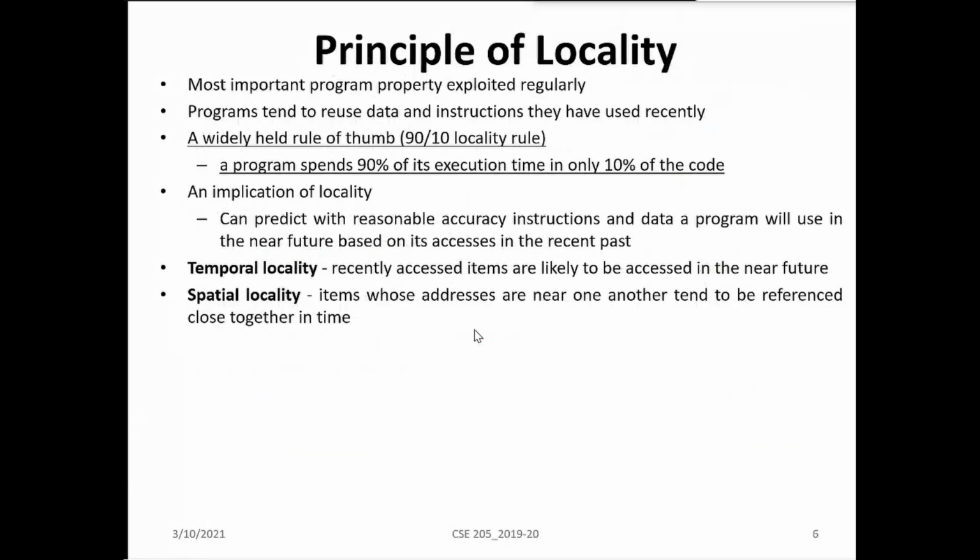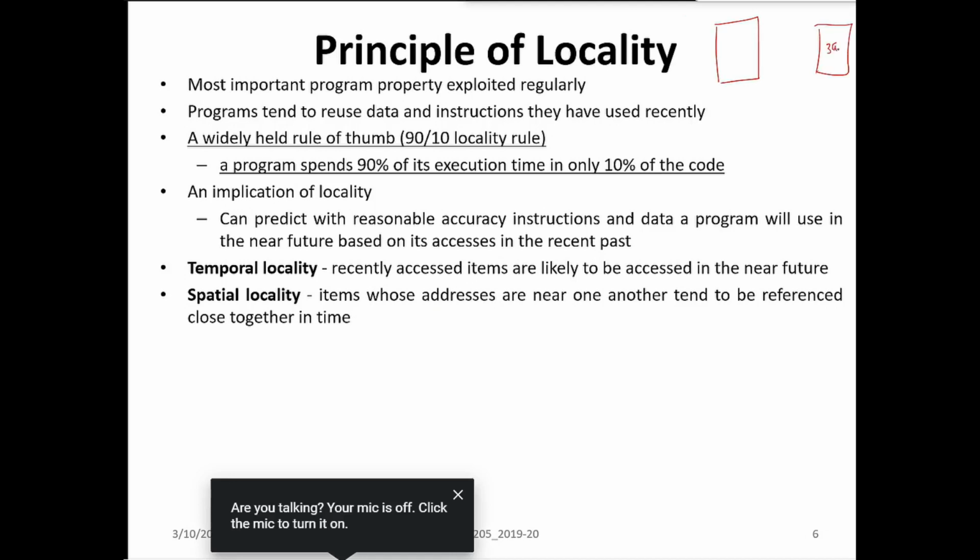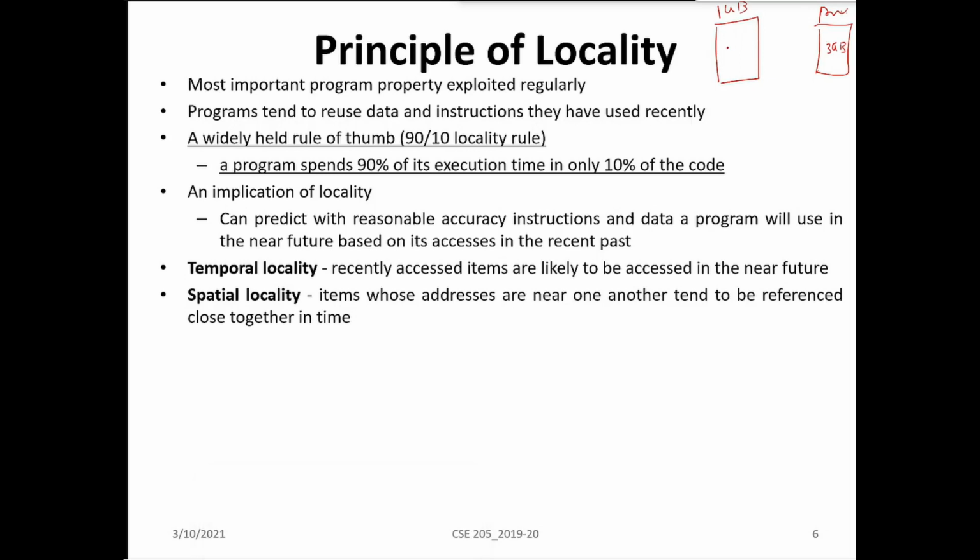The next one is the principle of locality. I don't know whether you read this also. Suppose you have a 3 GB program, and you have a memory of 2 GB, and you are loading 1 GB at a time.